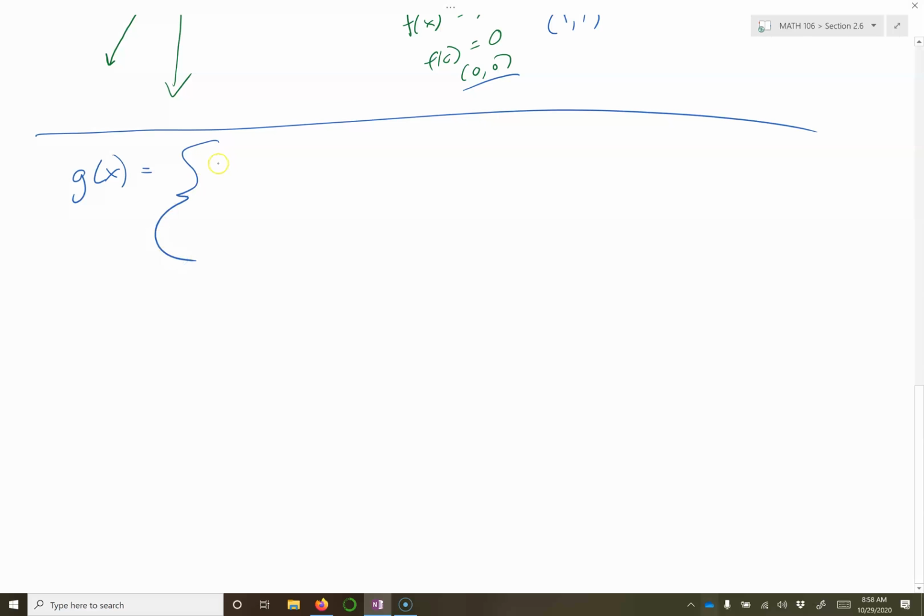This is a good one. Negative 2x when x is less than negative 2. 3 when 0 is less than x is less than or equal to 2. And then just x when x is greater than 2.